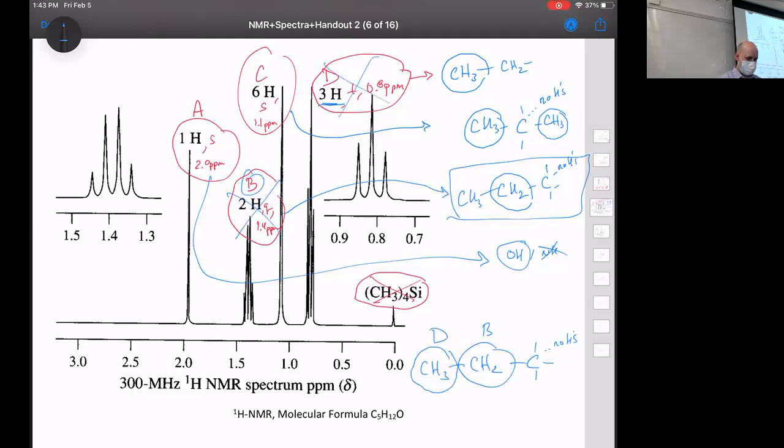So the only things left are an OH and 2 CH3s that are identical in terms of environments, but they're still 2 different CH3s. And they're both attached to a carbon with no hydrogens. Well, they must be attached to this carbon with no hydrogens because I'm running out of parts. So 2 of these bonds right here must be to those 2 CH3s.